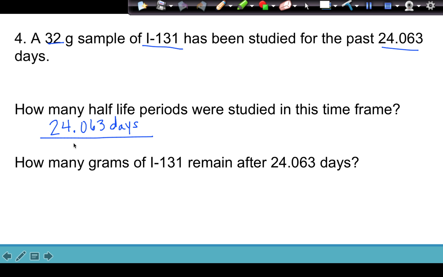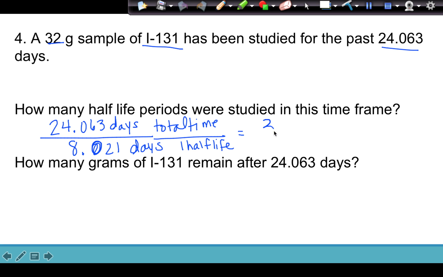And on table N, it says that the half-life is 8.021 days. So we're going to divide the total time by the time for one half-life, and we're going to get that 3 half-life periods have gone by.